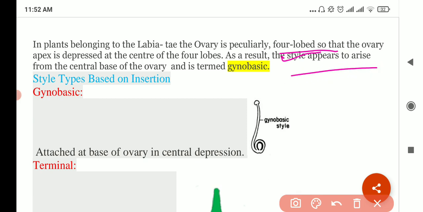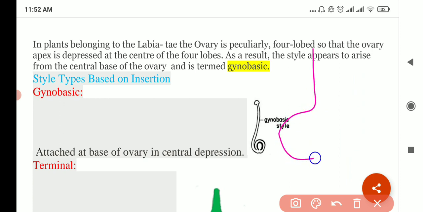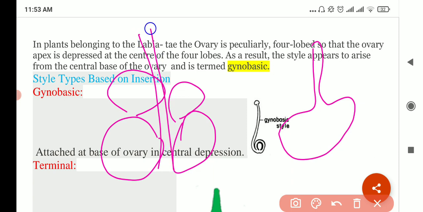So the style appears to arise from the base of the ovary and is termed as gynobasic. So if I draw like this four chambers, so the style appears to come from down. Okay, imagine a normal style like this, right? But here there is one lobe, then two lobes, then third lobe, then a fourth lobe like this. Then the style appears to come from the base.